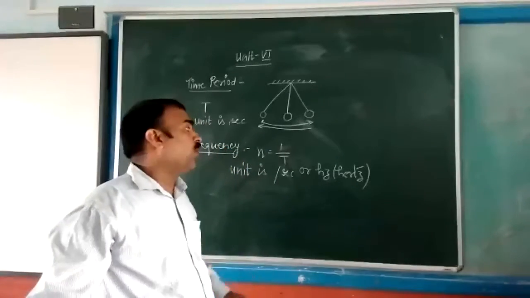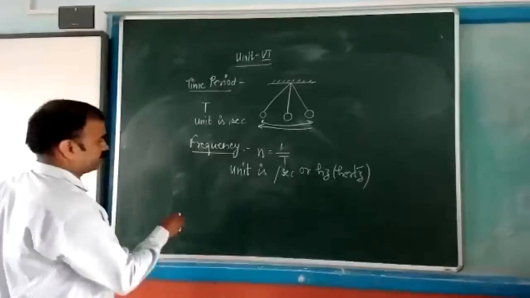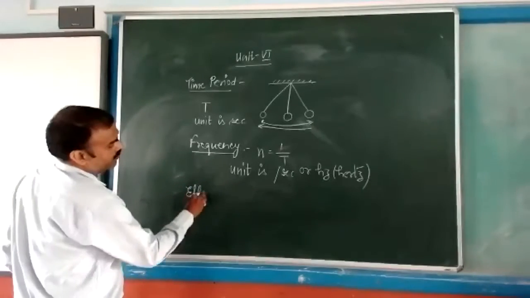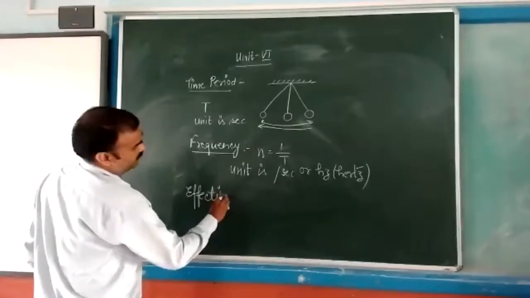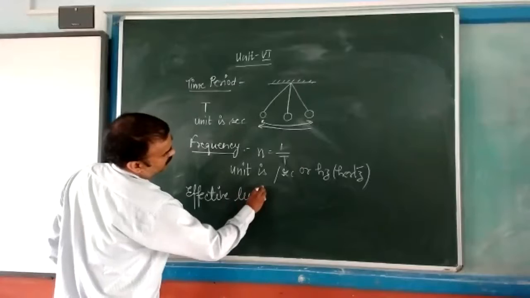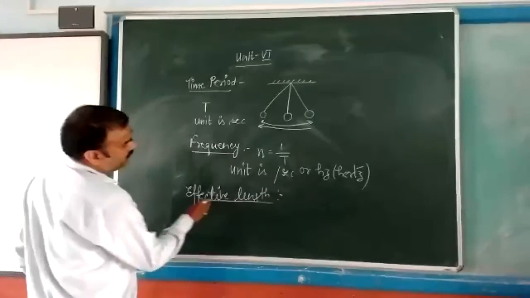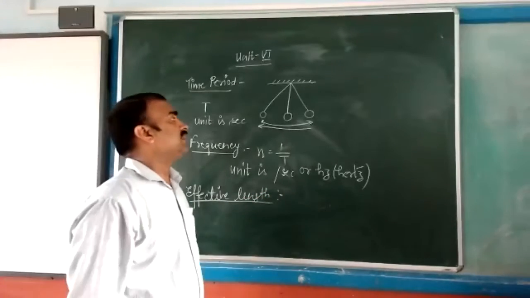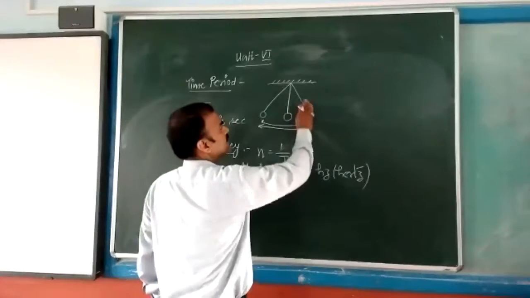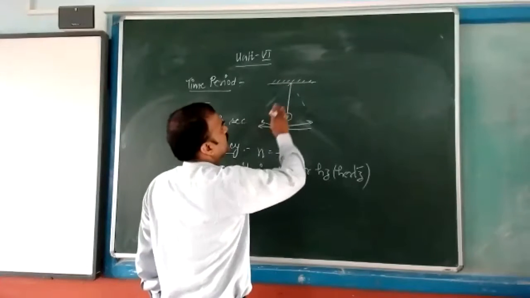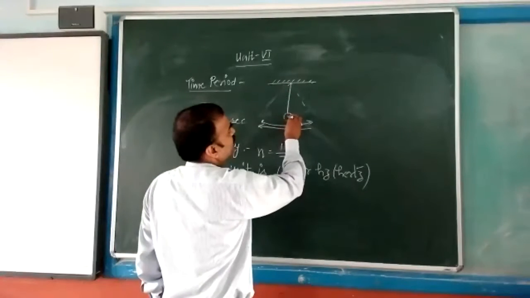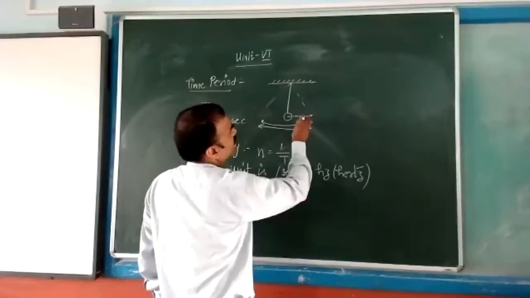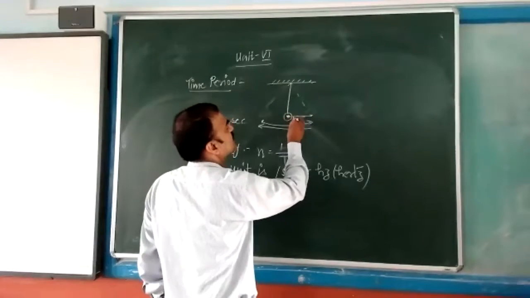Okay, now what is the effective length? Just see it from here. This is the center of gravity of the ball. This one is the CG.